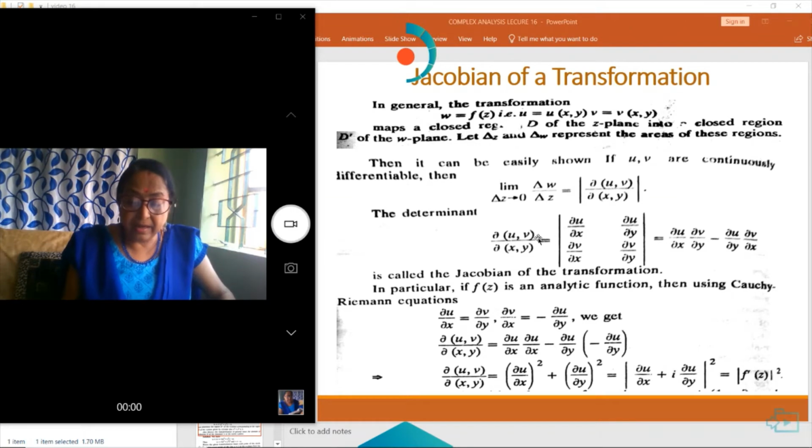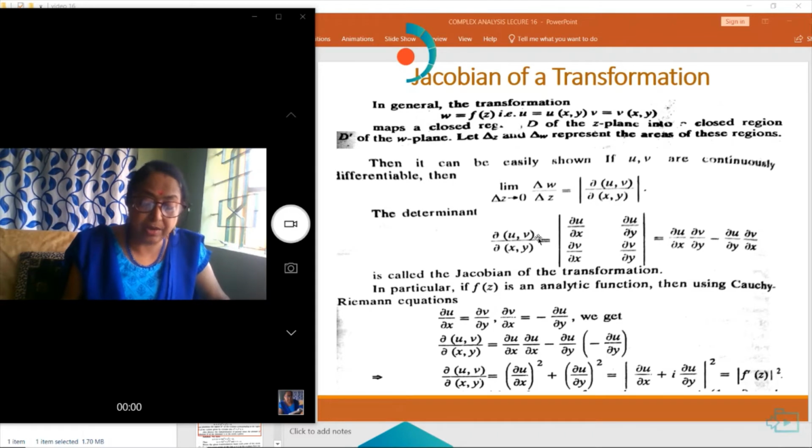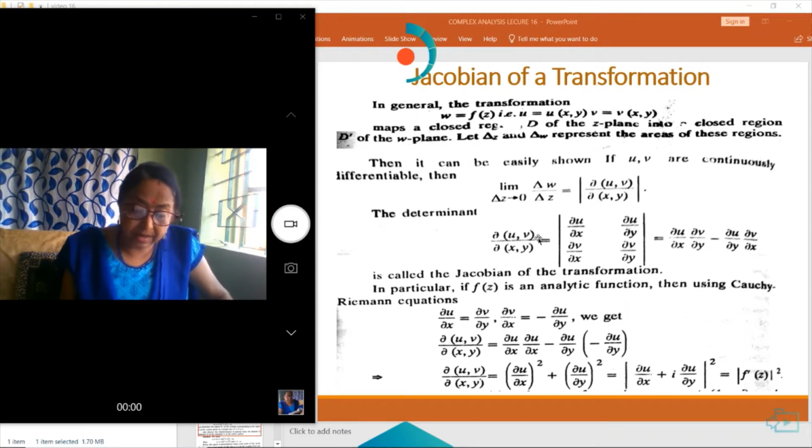Then the limit of delta w by delta z as delta z tends to 0 can be written as the Jacobian, which is the modulus of del(u, v) divided by del(x, y), as shown below. This is called the Jacobian of transformation.